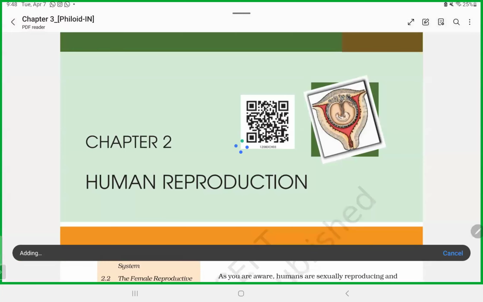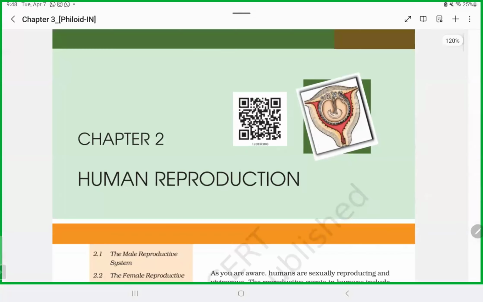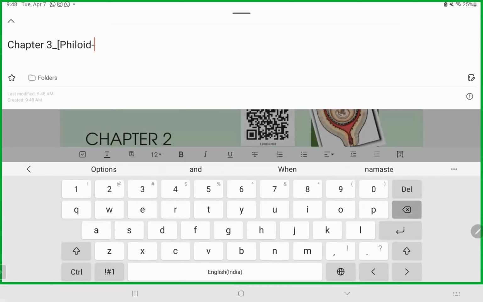Add to notes. Human reproduction. NCERT.